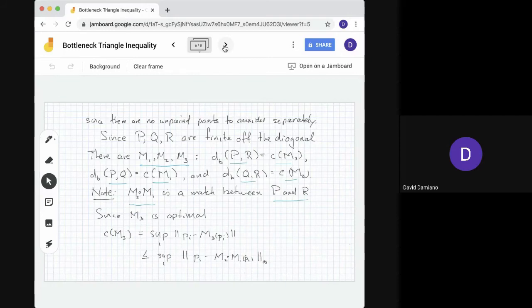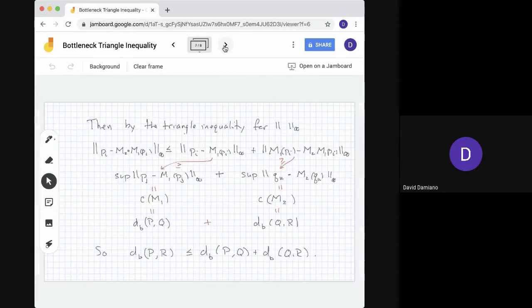Now, let's start with M3. Since M3 is optimal, it's the best possible match between P and R, we have the sup of the distance from p_i to M3 of p_i is less than or equal to the sup of the distance from p_i to M2 composed with M1 of p_i, because M3 was optimal. Okay, now let's apply the triangle inequality to that distance.